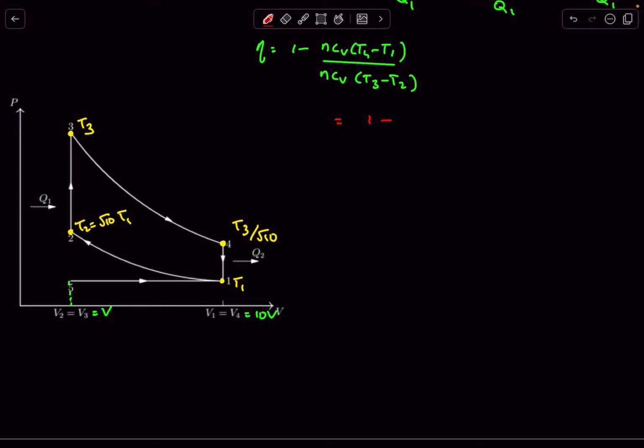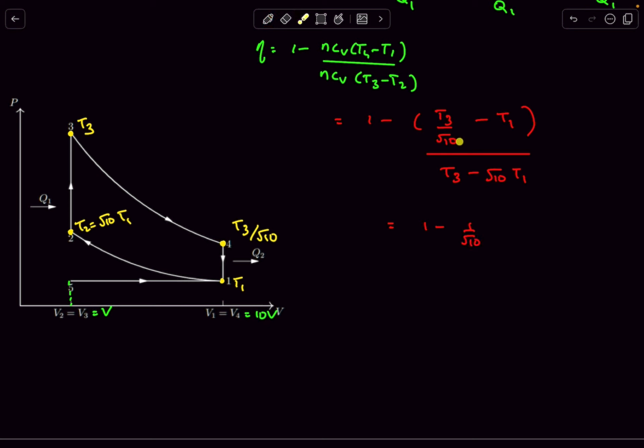Okay. So this becomes 1 minus T4, so T4, I am going to write it as T3 divided by root 10, minus the temperature at state 1, which is just T1, divided by, now T2 we figured it out as square root of 10 times T1. So let's just write that over here. Now this simplifies as 1 minus 1 by square root of 10, right?